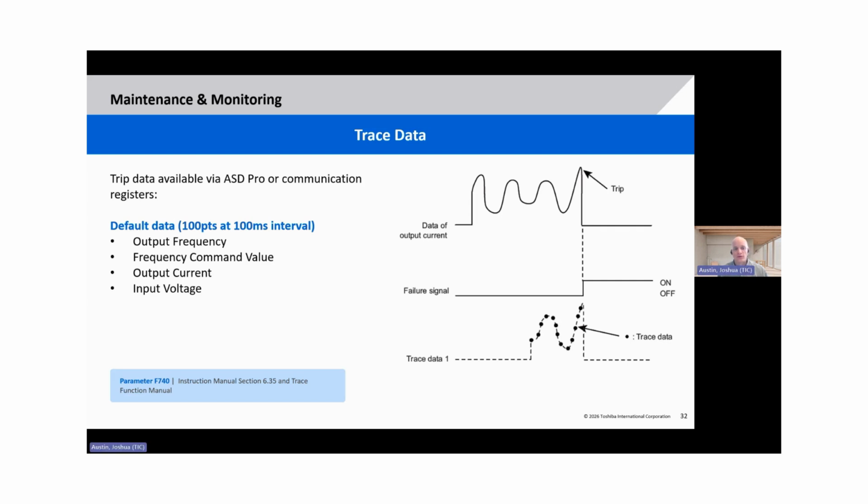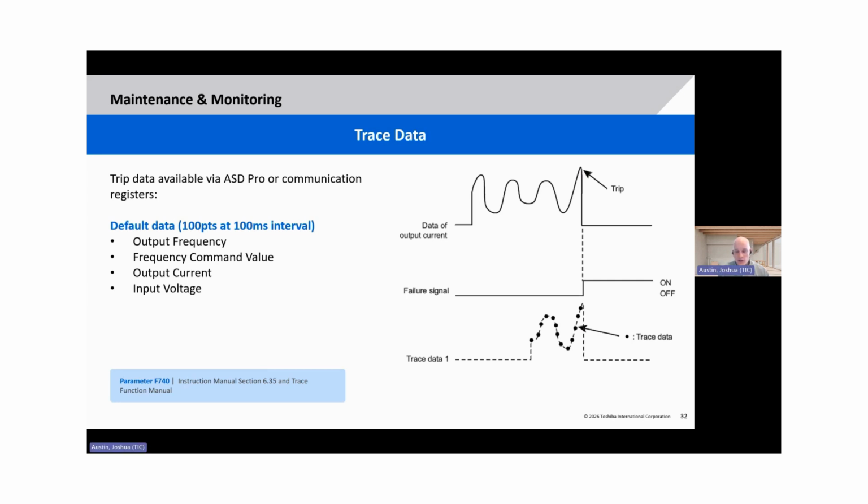And you can use either a PLC or typically our ASD Pro PC software to extract all of those data points. And then with our ASD Pro software, you can graph those data points. And what this gives you is essentially a trend or more data of what was happening with the drive leading up to a fault.